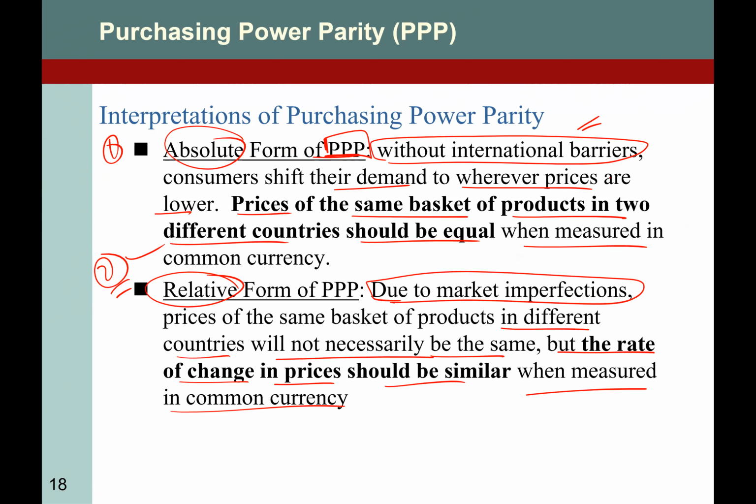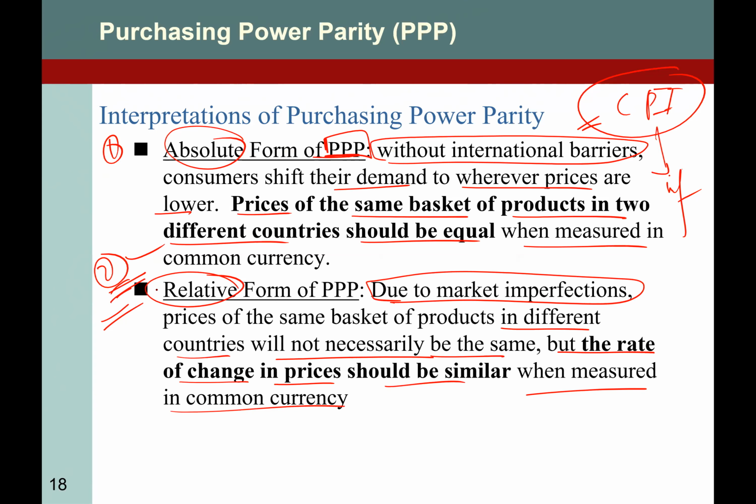The basket used for CPI, or consumer price index, which basically measures inflation, is not the same, right? Every country has its own basket to calculate inflation. That's why mostly we will be talking about the relative form of purchasing power parity.